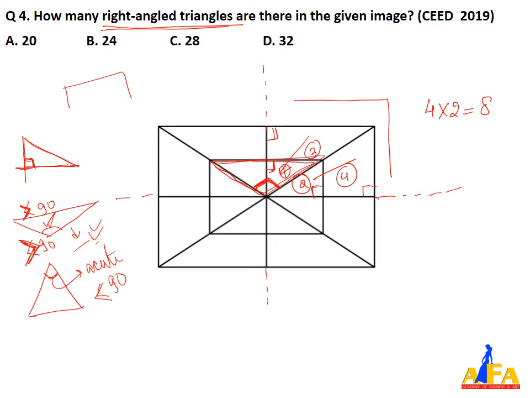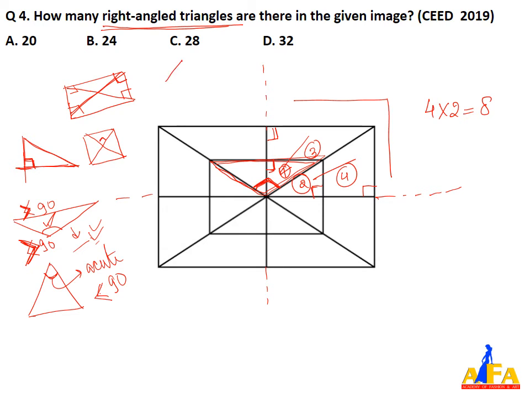We know that the rectangle diagonals do not cross at 90 degree. They form the 90 degree at the corners, but the diagonals do not cross at 90 degree. Okay, if we talk about the square, so squares definitely form the 90 degree.